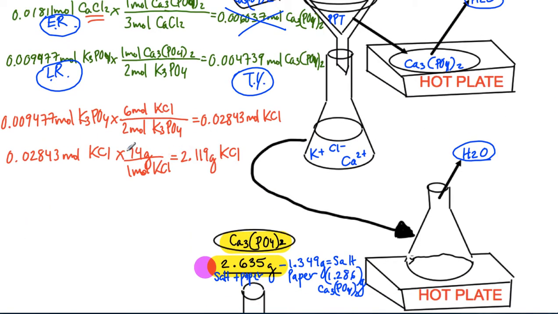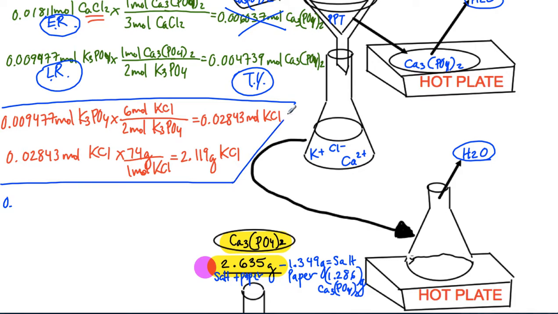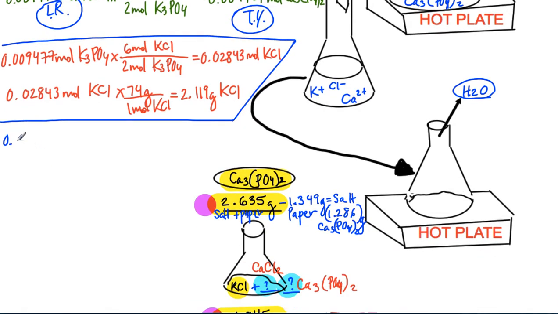Now let's do the same thing for the calcium chloride, but that's a little more complicated. Let's change colors so we can see the distinction between my calculations. Let's block this off so you can create some arbitrary divisions between steps. So over here we have 0.009477 moles of your limiting reactant, K3PO4.